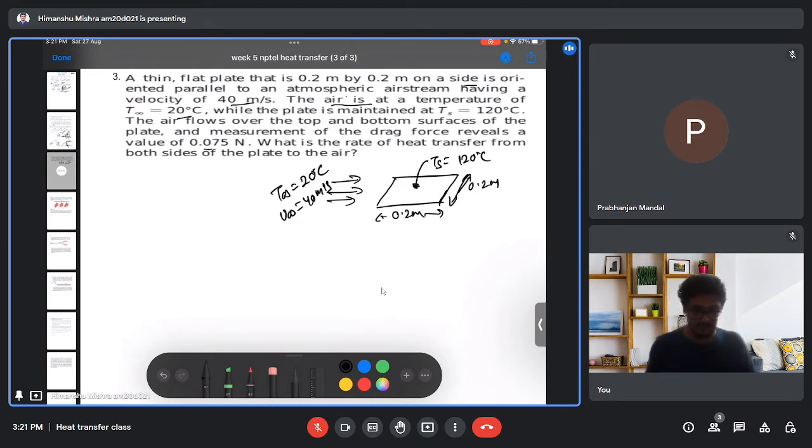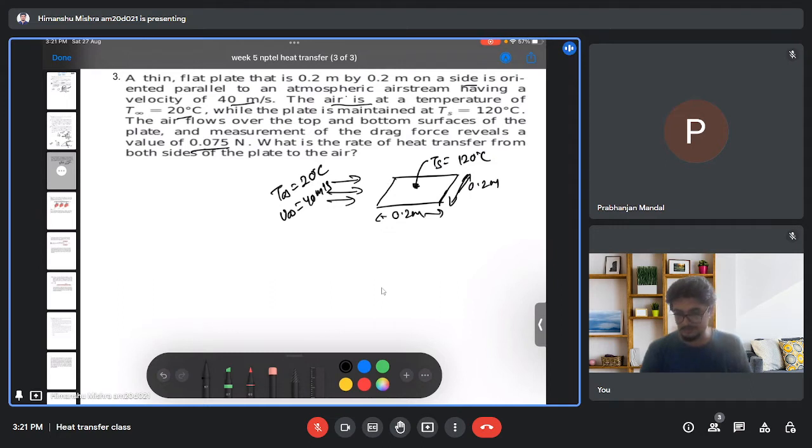Now we have given the drag force 0.075 Newton when the flow is there over the flat surface, and we need to find the heat transfer rate between the plate and the flow on both sides.